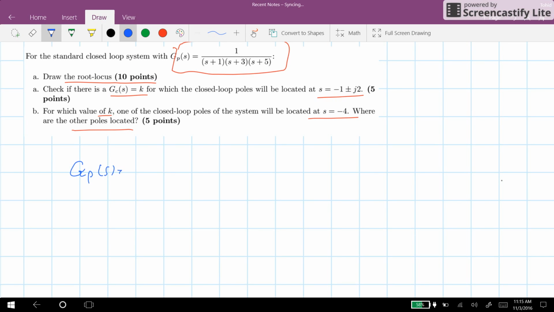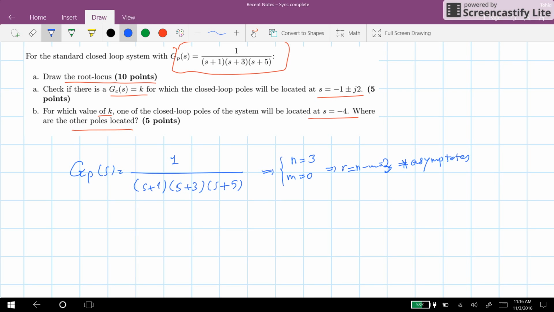We have G(s) given with three poles at -1, -3, and -5. Therefore, we have n equal to 3, and m equal to 0, the number of zeros of the system. As a result, the difference between n and m is equal to 3, and it's the number of asymptotes for the root locus.